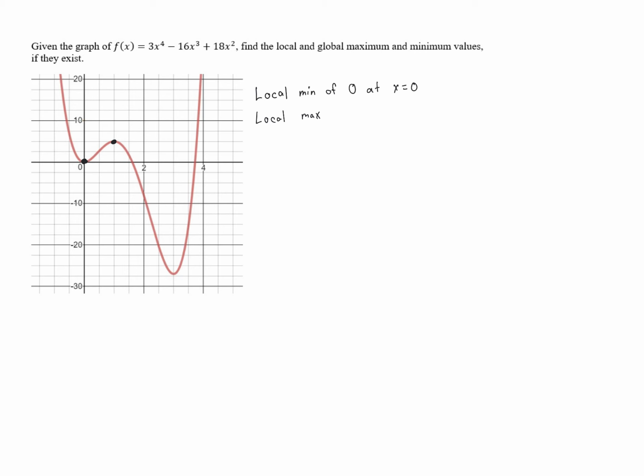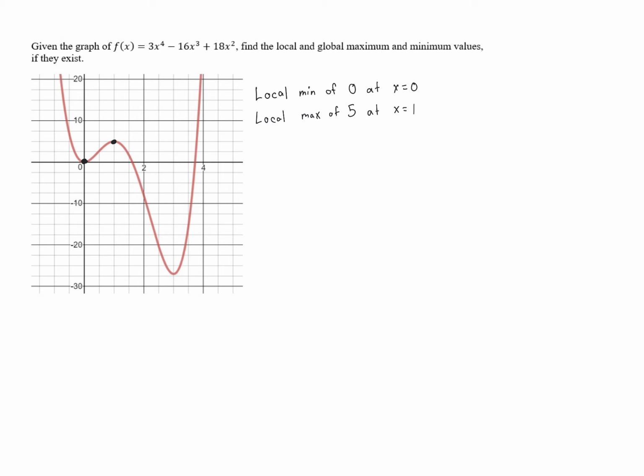So a local maximum value of 5 at x equals, what is the x value? Well, that is right here, halfway between 0 and 2. So that's going to be at x equals 1. All right.